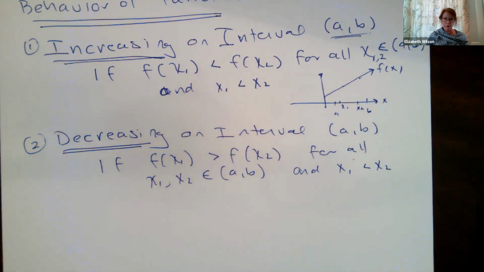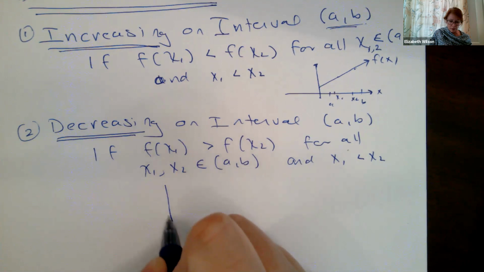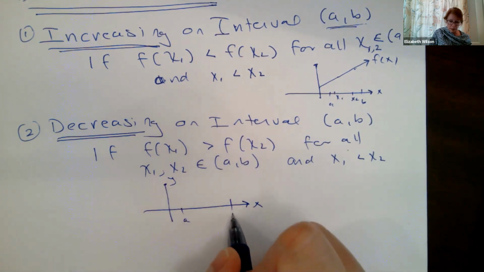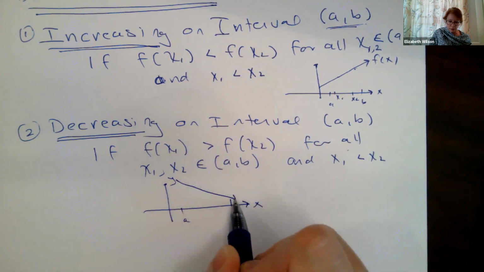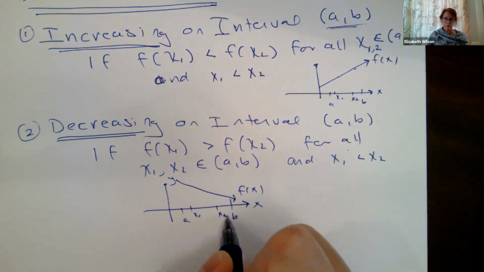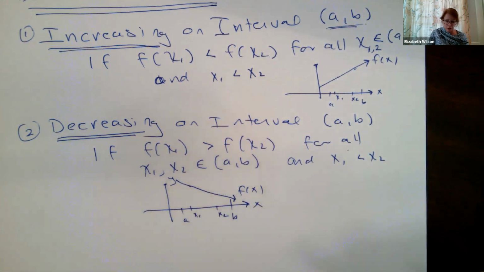Okay, so graphically, if it's decreasing, here's my x, here's my y, here's my a, here's my b, it's decreasing along this interval. Here's my f of x, here's my x1, here's my x2. So my function at x1 is greater than my function value at x2. Along this interval from a to b, my function is decreasing in values.